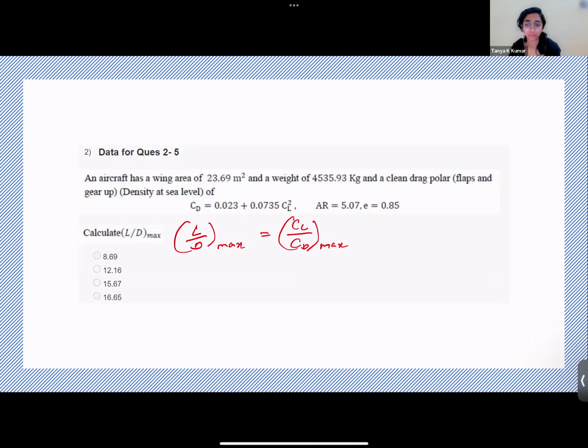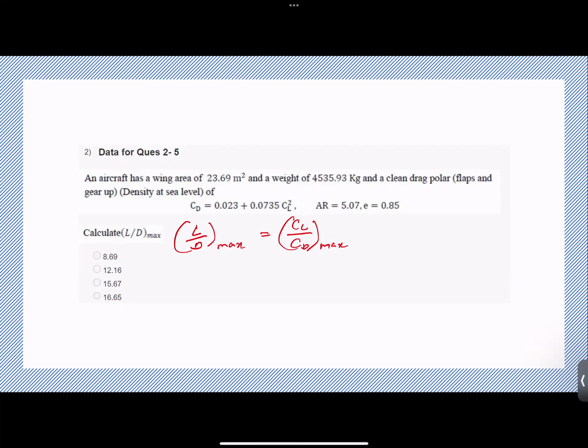You just have to find the ratio. 12.16. Can you tell us how you did it? Can you take us through your steps? Is anybody else getting a similar or different answer?